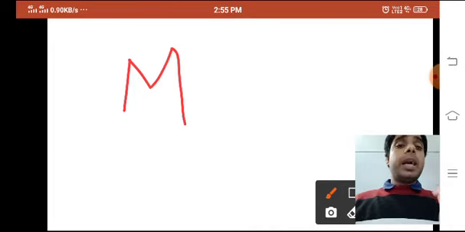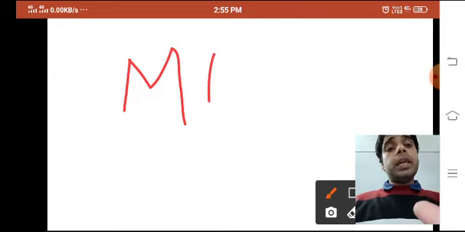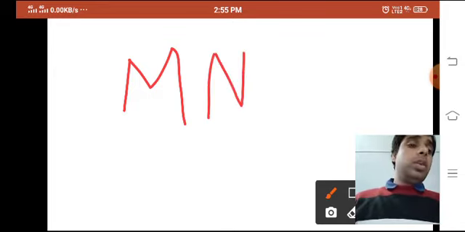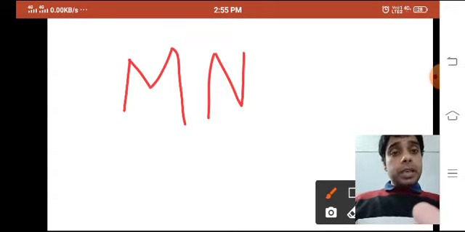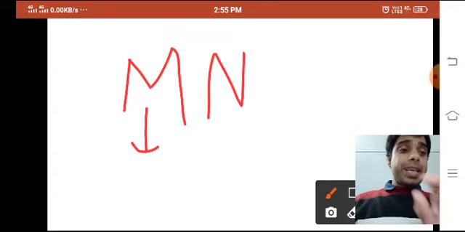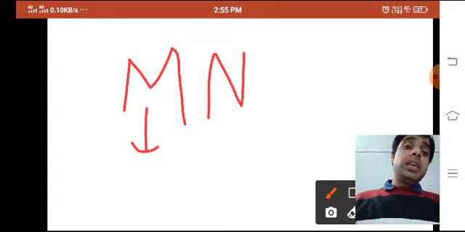And here I have taken N for non-metal. Now this M has the extra electron in its valence shell. Every time, non-metal will have a deficient valence electron, and metal will have extra electrons in its valence shell. So it will lose its electron.